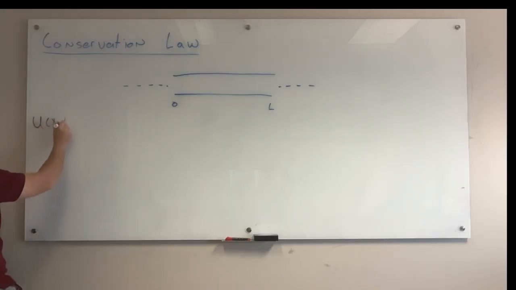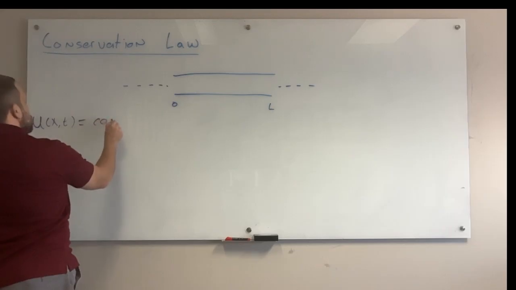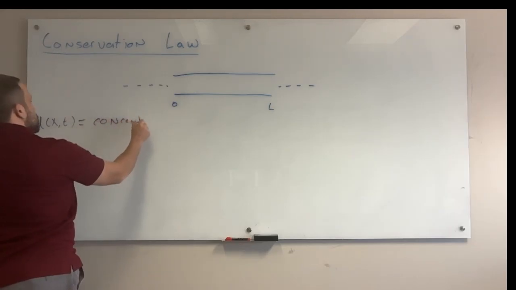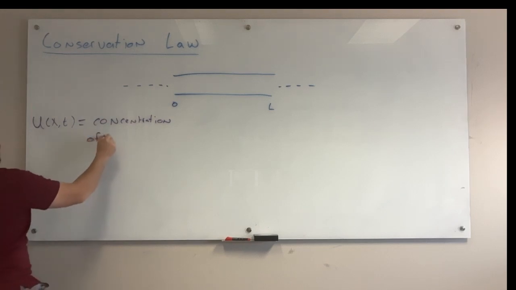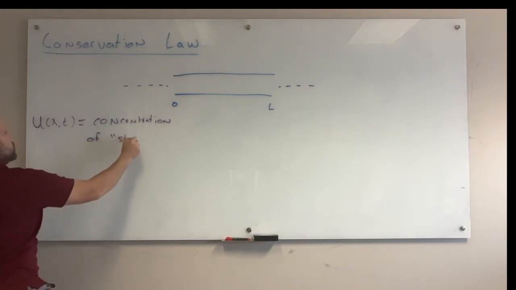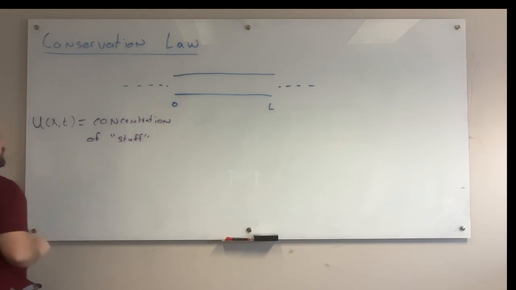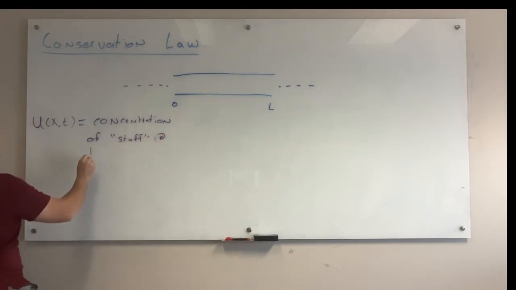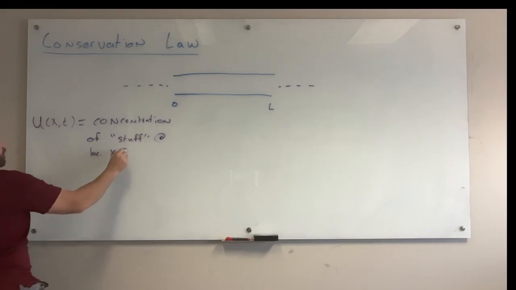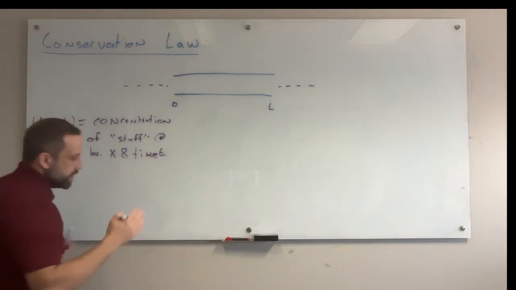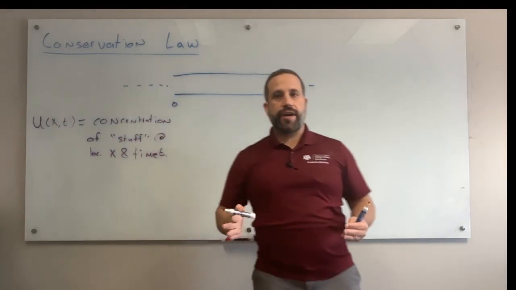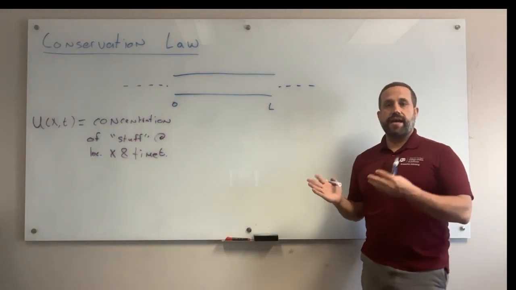So what is u of x, t? u of x, t is the concentration of stuff at location x and time t.